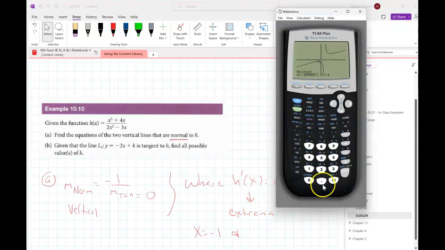And let's find that other one. That's a minimum up there on the right. That should be good.